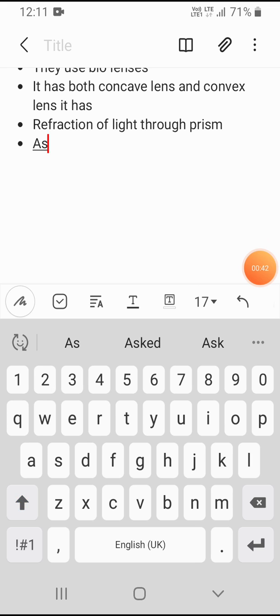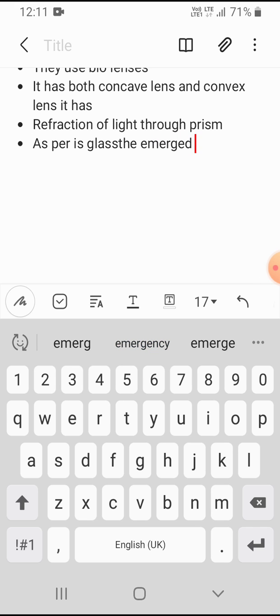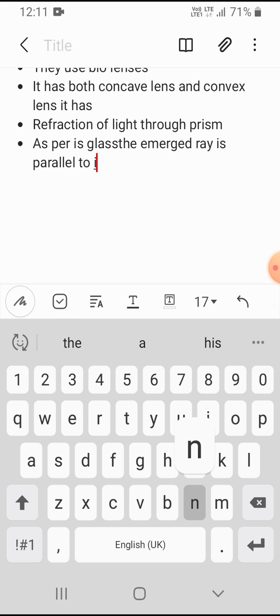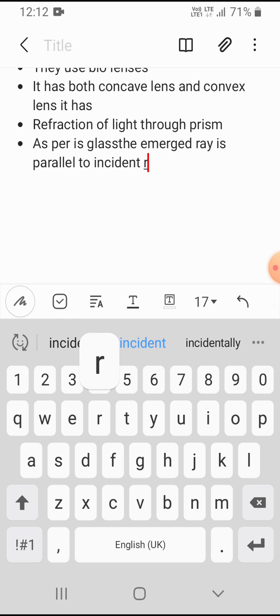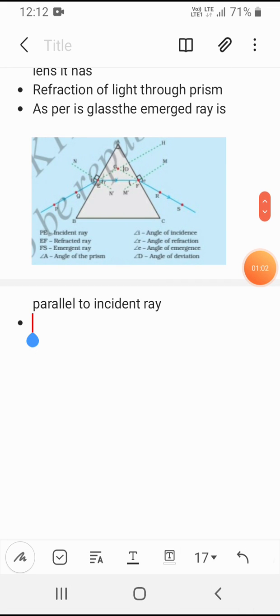As per the class, the emerged ray is parallel to the incident ray. Here it is a prism, you can see this.